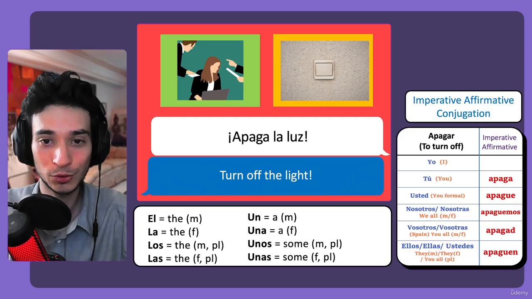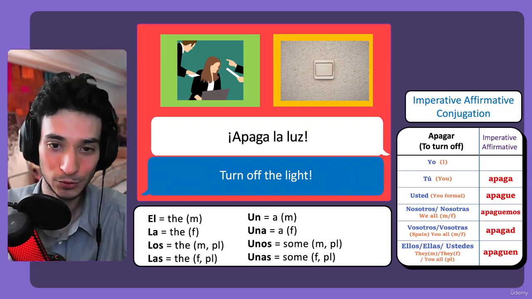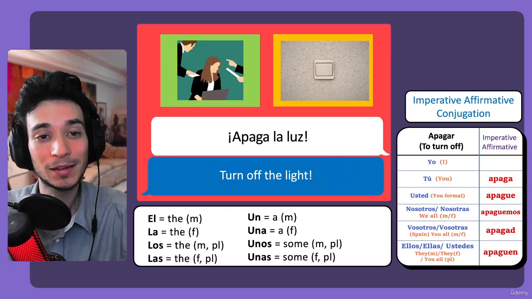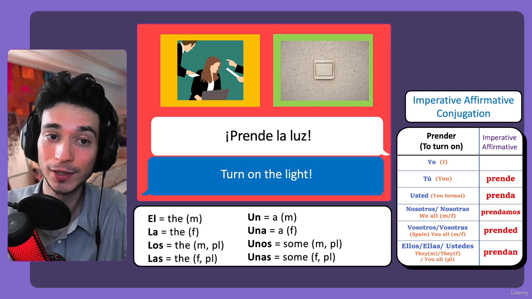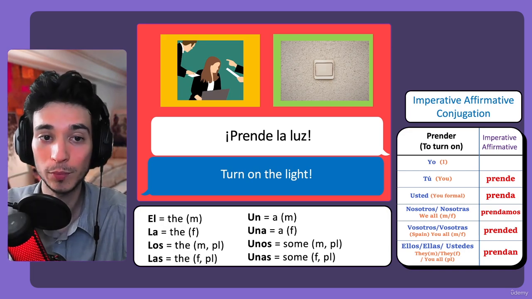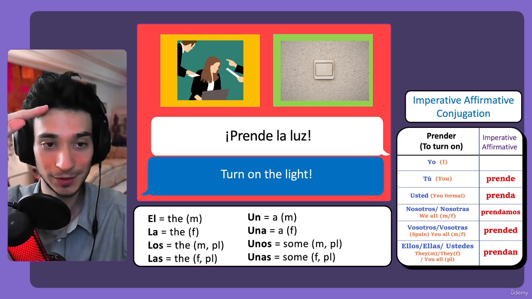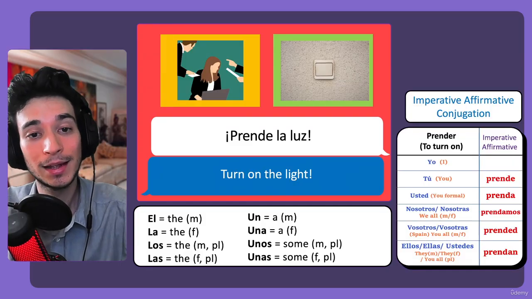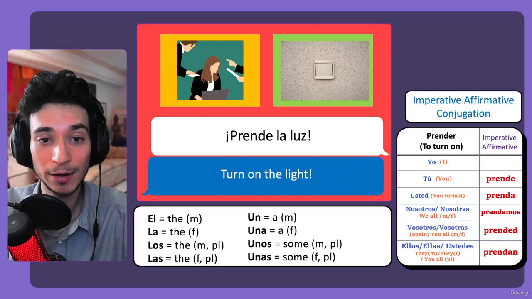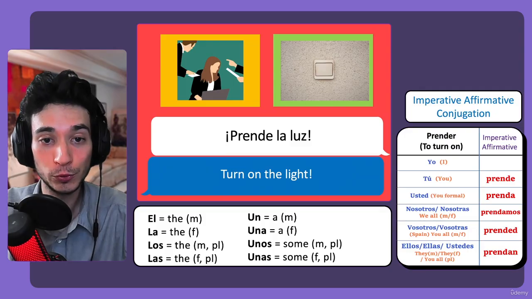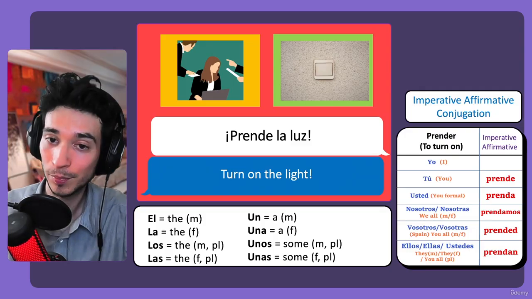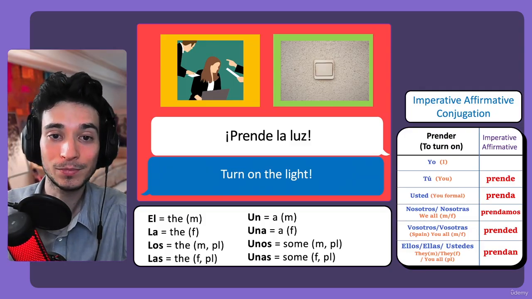Apaga la luz. Apaguen la luz. Turn it off, everybody. And let's try the other one, still with this special conjugation, telling people to do something. We have prende la luz. Turn on the light.